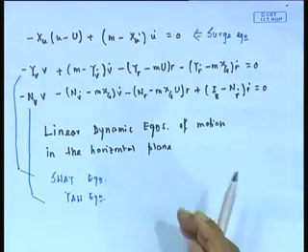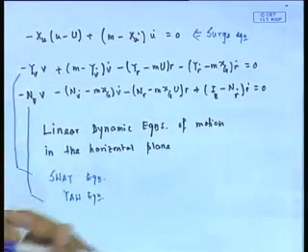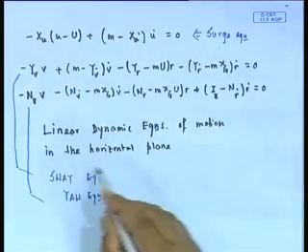So, we have got here 3 modes of motion, x, y, z. Sometimes you may call this the linear dynamic equation of motion in the horizontal plane.